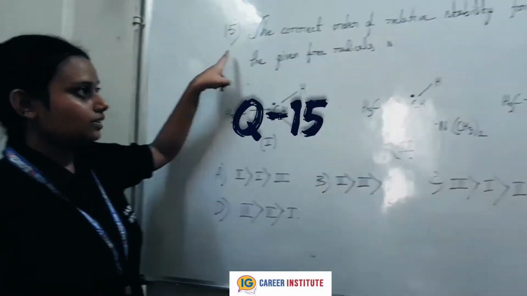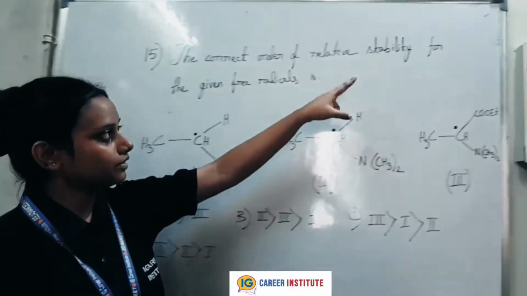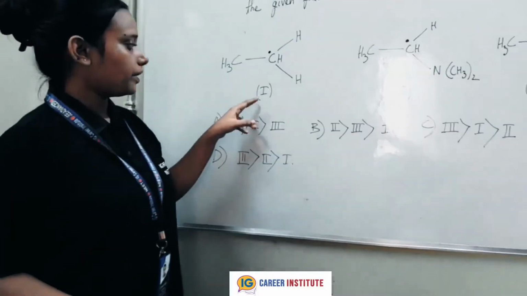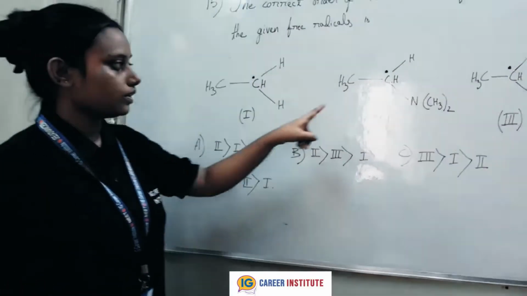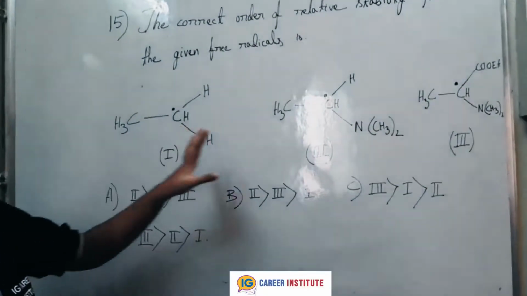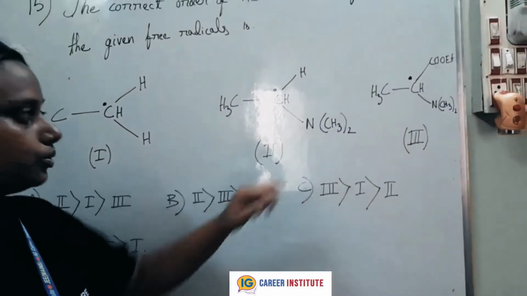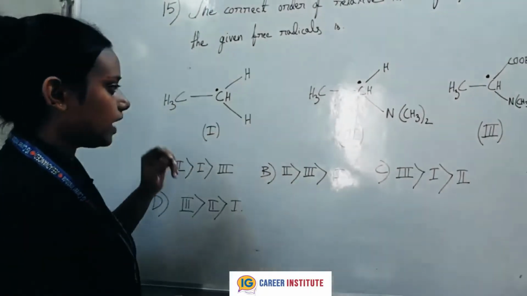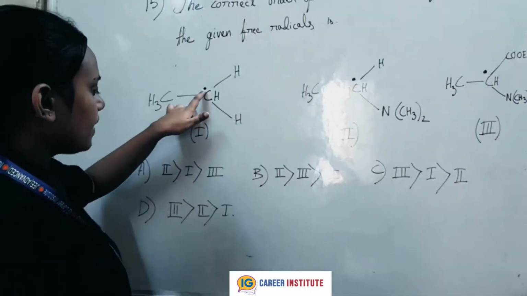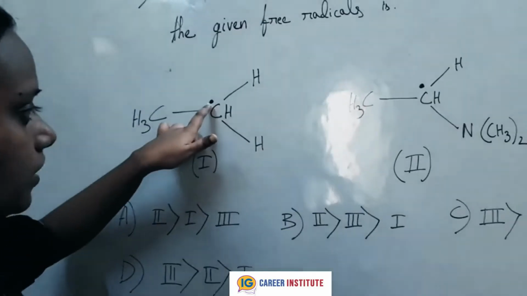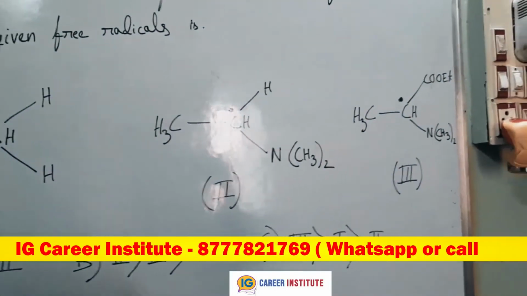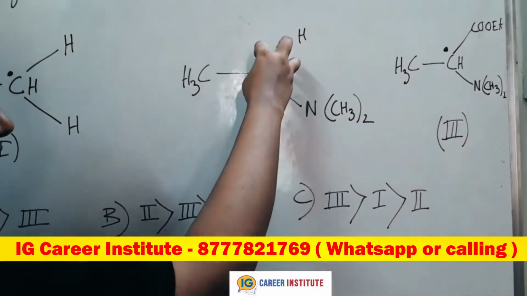Question 15 is, the correct order of relative stability for the given free radicals is. So we have to compare the stability between these 3 given radicals, 1, 2 and 3. Which will have the greatest stability? See, radical means 1 unpaired electron will be present on the carbon atom.